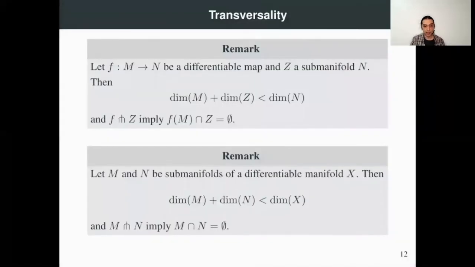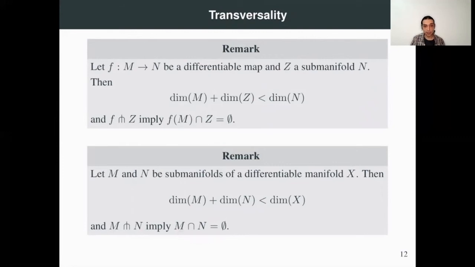Analogously, what we get is that if M and N are submanifolds of a differentiable manifold X, and the dimensions of these submanifolds have sum which is smaller than the dimension of X, then if they are transversal, in particular, that implies that they are disjoint.